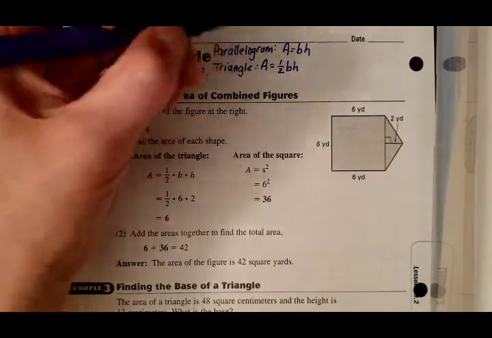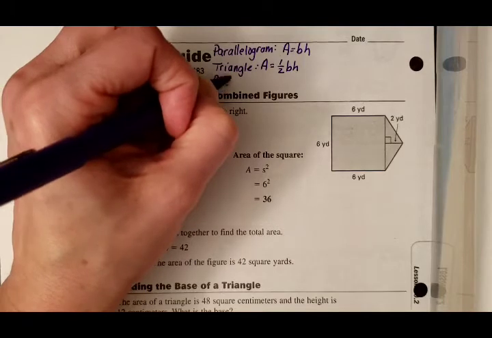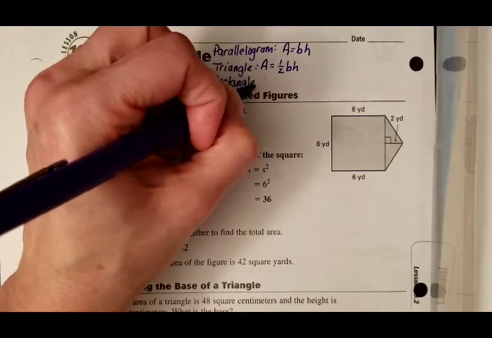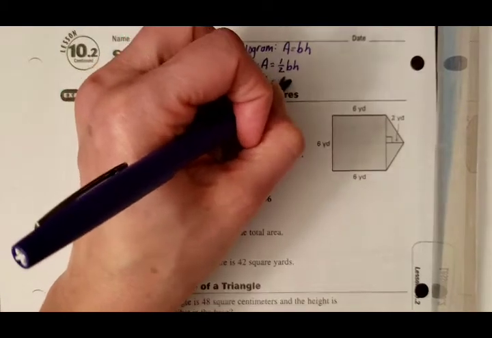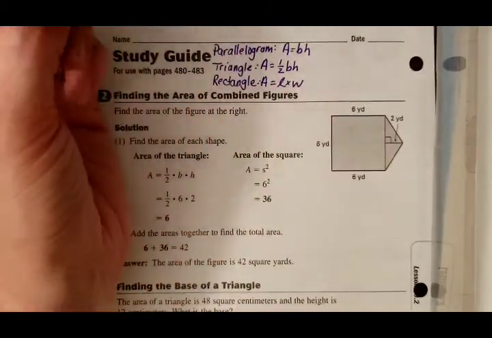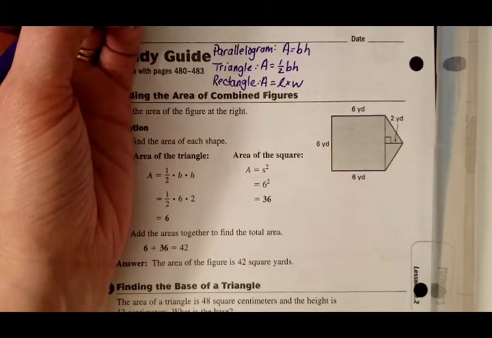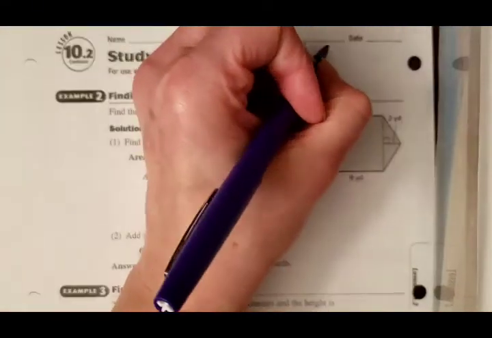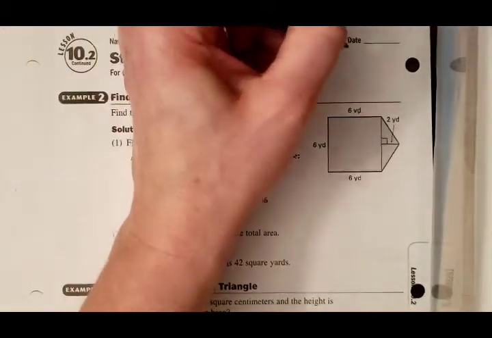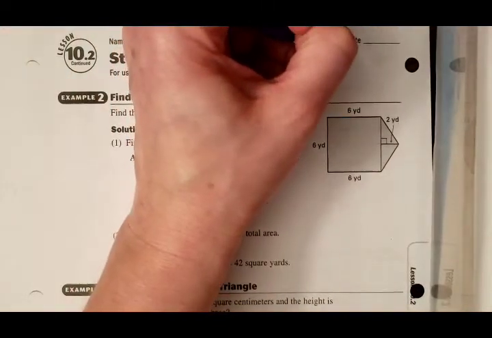Then we're going to pull in ones from earlier this year, like area of a rectangle: length times width. And guess what? Your length and your width form right angles, because rectangles' sides form right angles. And lastly, a square. You can treat it like a parallelogram or a rectangle and just go base times height.